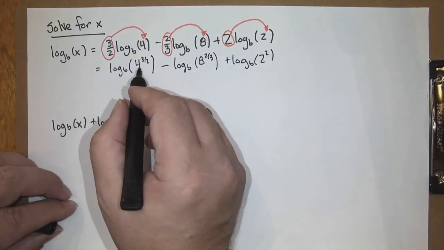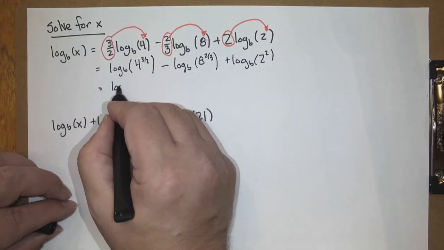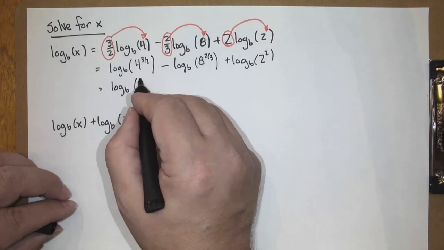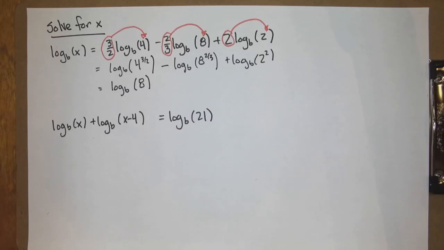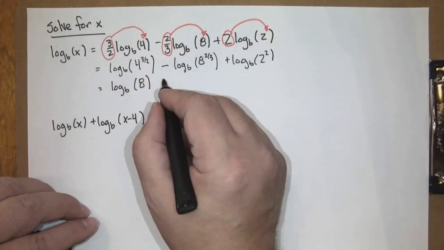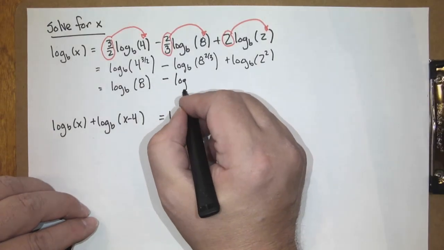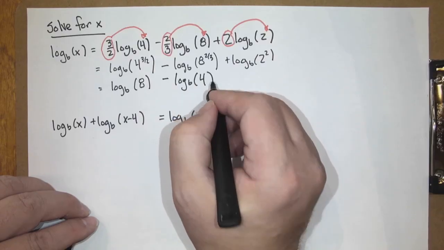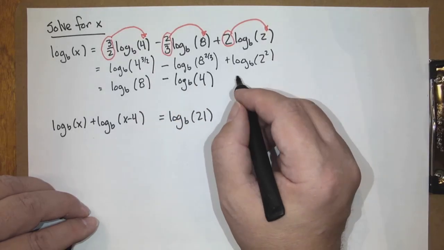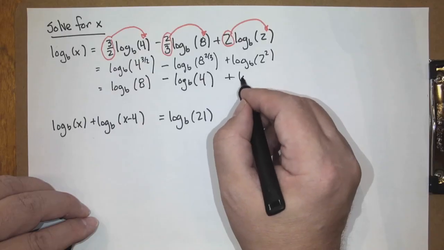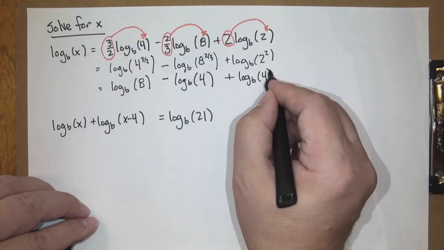Now, 4 to the 3/2 we just talked about. You take it to the 1/2, and then you cube it. That's 8. 8 to the 2/3. Take the cube root, then square it. You get 4. Log base b of 2 squared is log base b of 4.